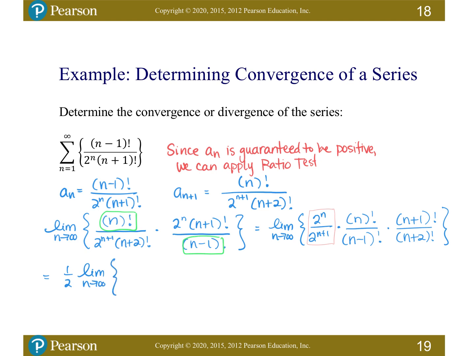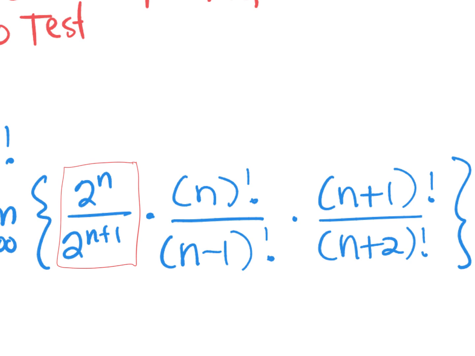All right, now I want to look at reducing the next term. Okay, which one of those is longer than the other? The numerator, why? Because n factorial will be n times n minus 1 times n minus 2.